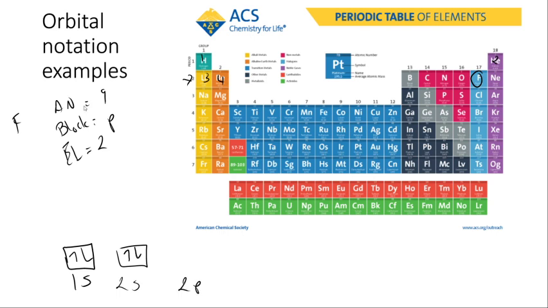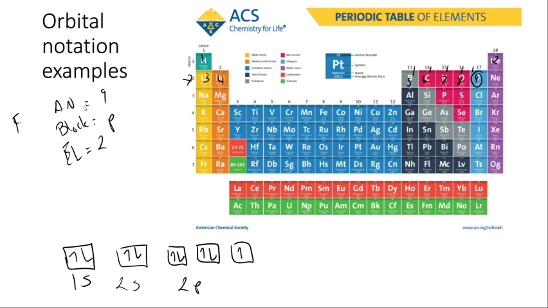And then we get to 2p, where fluorine is. Now we have 5 electrons in 2p, which are the 5th, 6th, 7th, 8th, and 9th. So we make our 3 orbitals. And this time I'm going to draw 1, 2, 3, 4, 5.